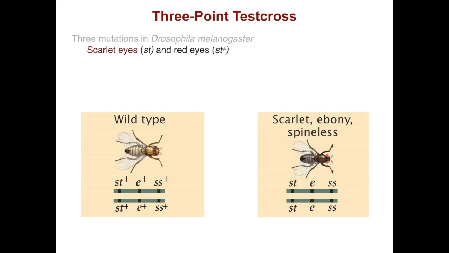Scarlet eyes have a more reddish look than normal eyes, and then we have red eyes, which is the wild type. Ebony body color is more dark, and then the normal fly has, I guess, more of a gray look in comparison to ebony.